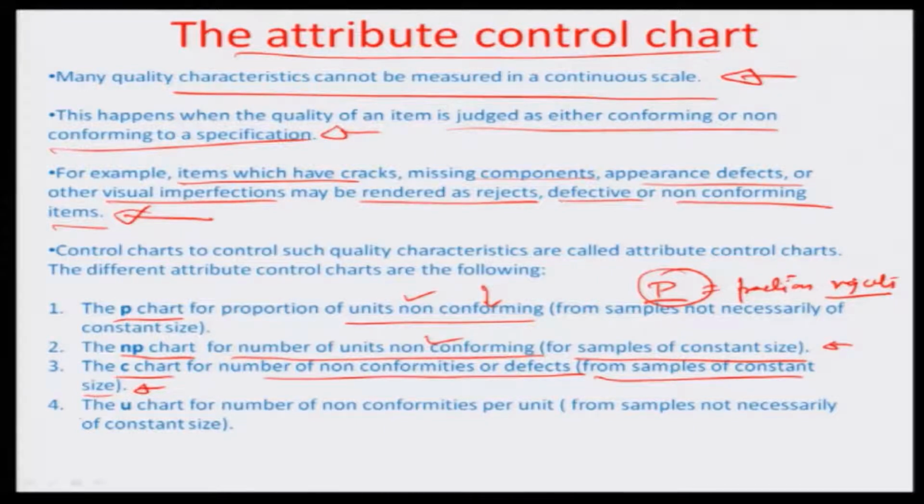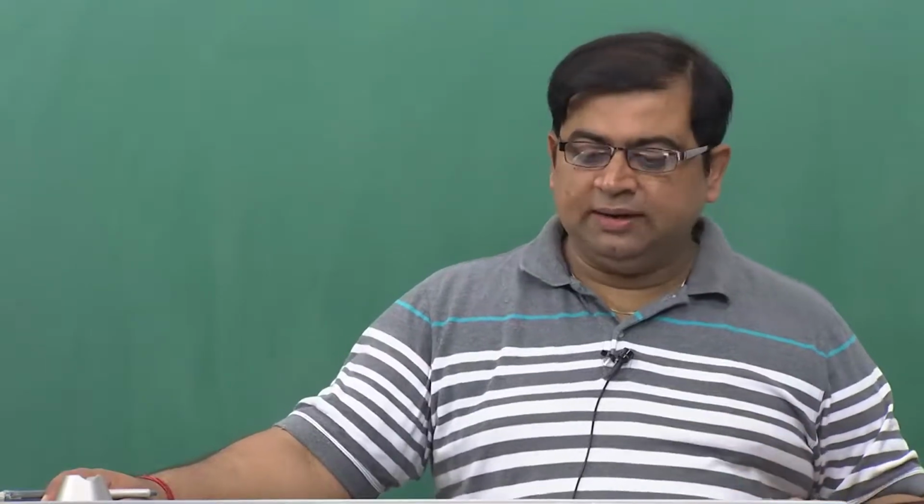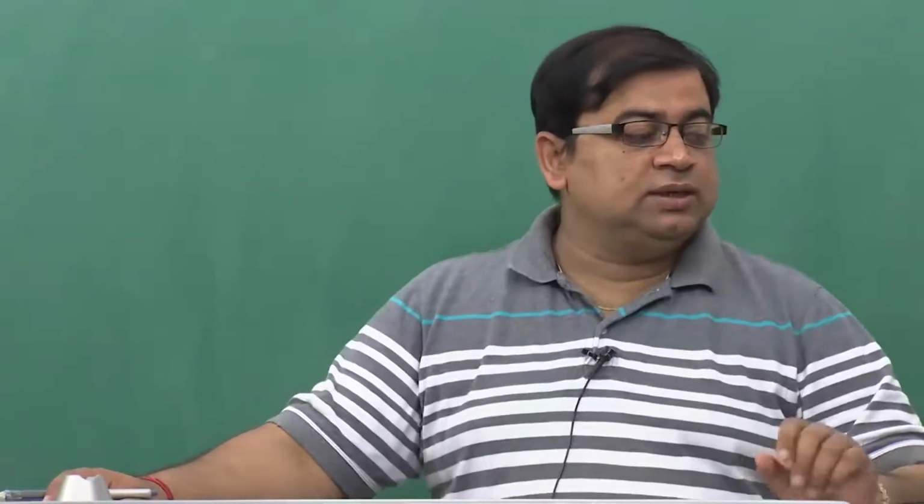Then there is the U chart for the number of non-conformities per unit for samples not necessarily of constant sizes, and there are many interpretations, and many situations where these are very important to take a qualitative decision statistically on the overall production process, to do something which can really change the process quality. So that is the attribute control chart.